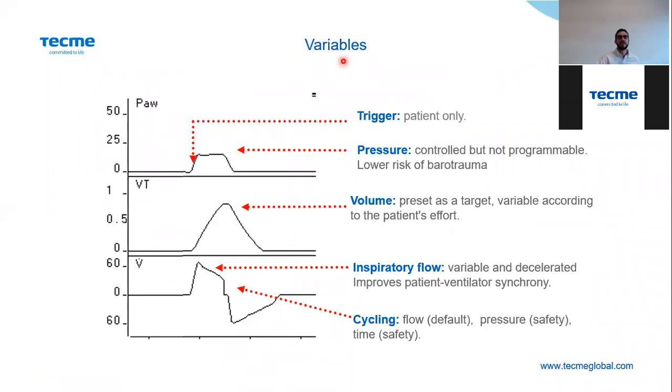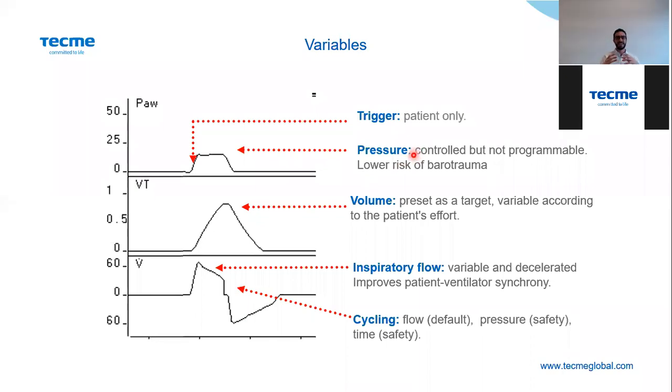Let's talk about the different variables here, okay? So the first one, the trigger: because it's a 100% spontaneous ventilator mode, the trigger is by patient only. The pressure is controlled here, but not programmable. Remember, you are not setting the pressure, you are setting a target volume.